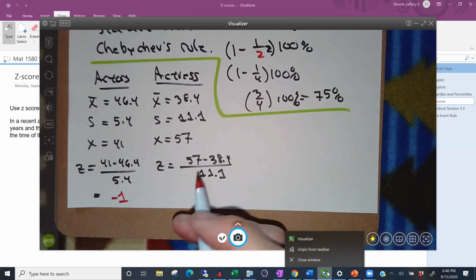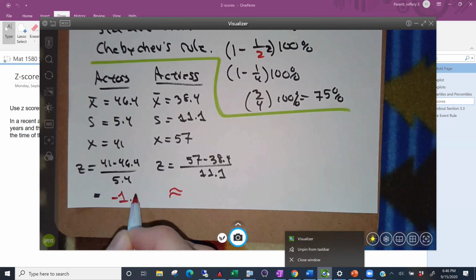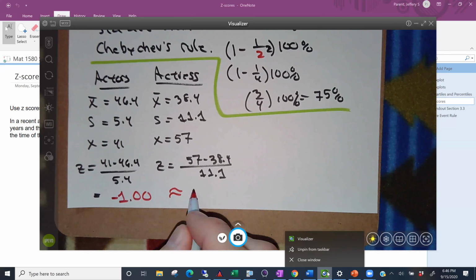Now, in case your z-score doesn't work out nice and perfect, we're going to round our z-scores to the nearest hundredth. And in this particular case, I end up with about 1.68 for the z-score for Best Actress. So which one of these, Best Actor or Best Actress, had a z-score which was more extreme?